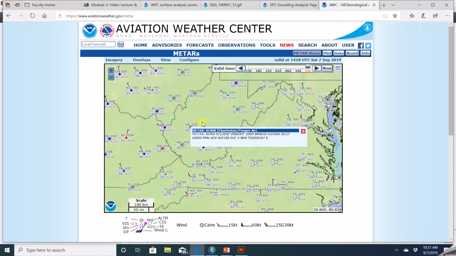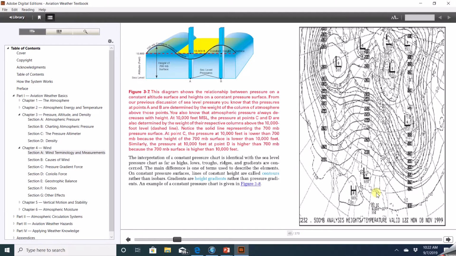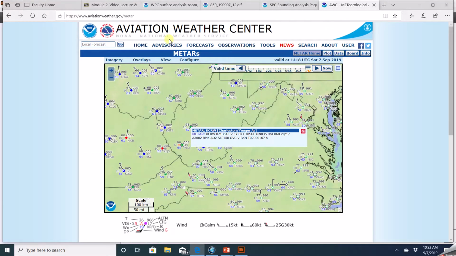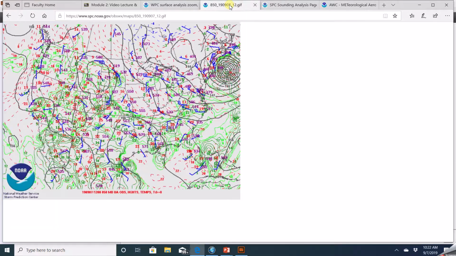So you can see here, just looking at the METARs, you've now got pressures, your altimeter, and your sea level pressure here. You can relate these to the upper air too. So let's just take a look at upper air for a quick second. Here's 850 millibars.